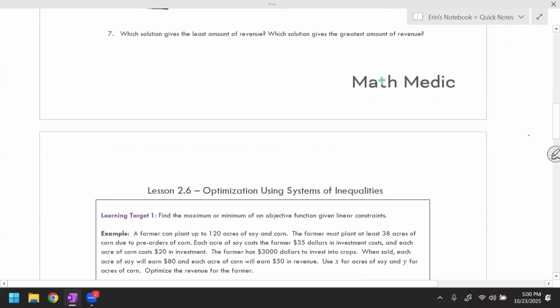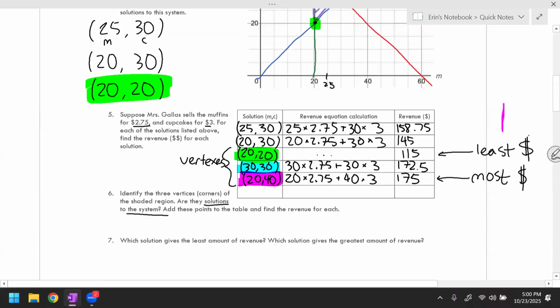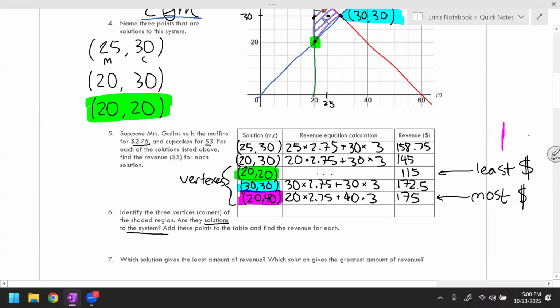Okay, so what's going on here? What we've just discovered is something called an objective function. An objective is a goal, right? So like the objective of any game is to win the game. The objective in a game of soccer is to get goals into the net, right? The objective of a 100-meter dash is to complete the course in the smallest amount of time, right?